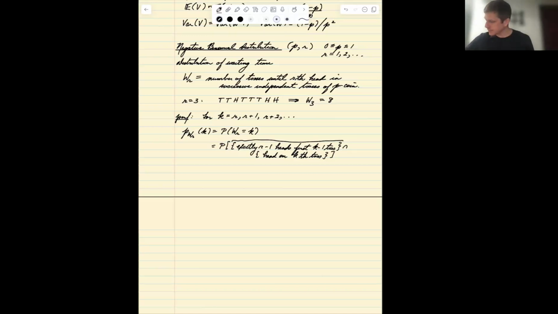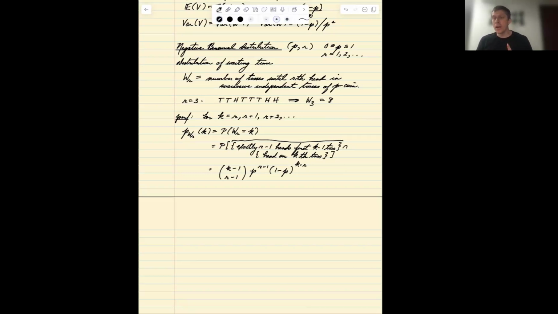If we have R minus 1 heads in the first K minus 1 tosses, then it's K minus 1 choose R minus 1, P to the R minus 1, 1 minus P to the K minus R. This is just the binomial distribution.